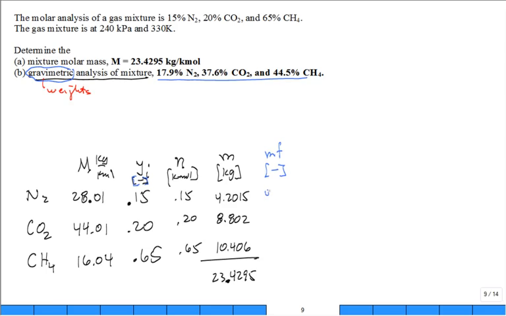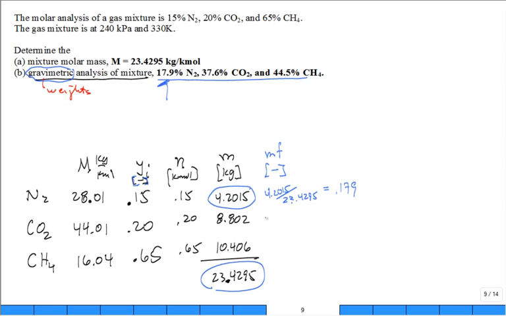Isn't it 4.2015 divided by 23.4295? Yeah, so you just take this number, divide it by that number, and you have the mass fraction for the nitrogen, which comes in at 0.179, about 18%.